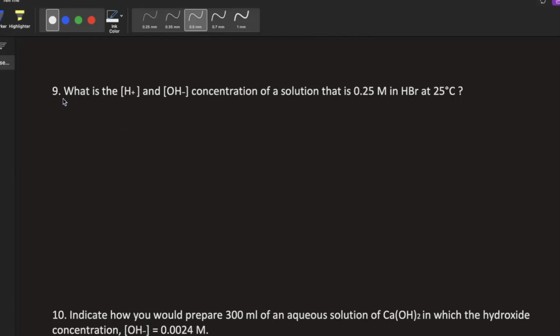Okay, for question 9, it says, what is the hydrogen ion concentration and hydroxide ion concentration of a solution that is 0.25 molar in HBr at 25 degrees Celsius? So we know that HBr is one of our strong acids.